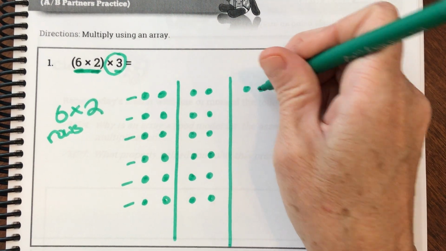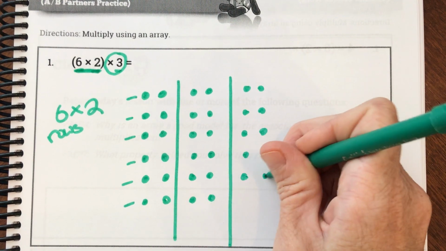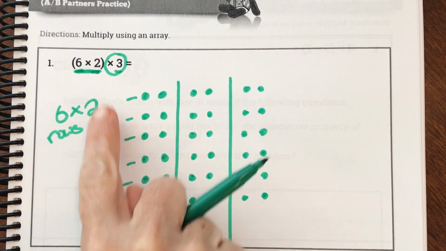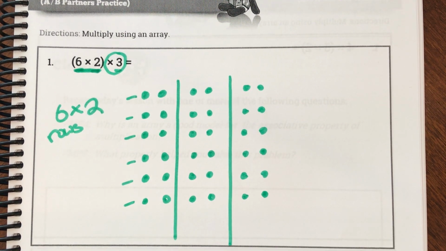So I'm going to do the same array over here. And remember, friends, if I'm going fast, stop your video to get your array caught up. So I have 6 times 2, but I have it 3 times. Okay, let's count what our answer is.